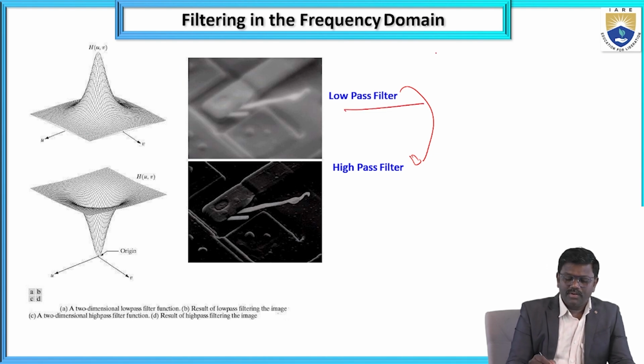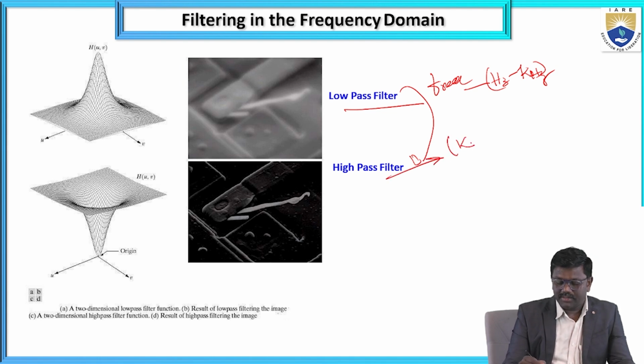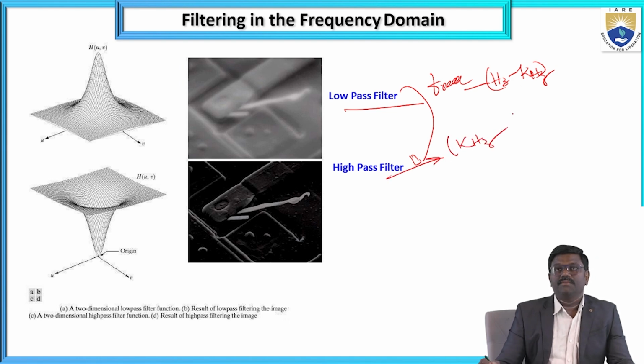A low pass filter allows frequencies only from about 1 hertz to some minimum of 1 kilohertz, whereas a high pass filter range starts at a minimum of kilohertz and the maximum can reach gigahertz.